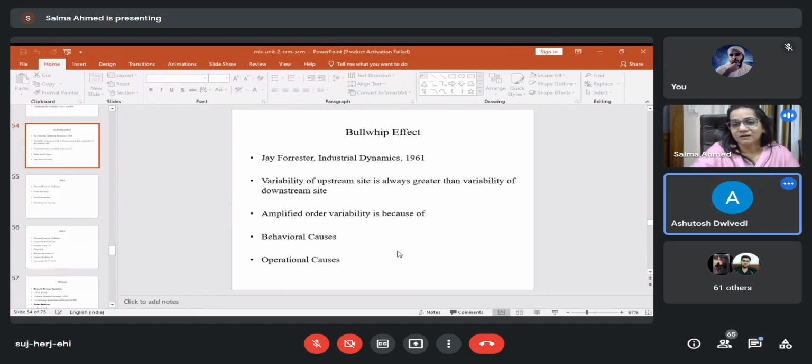Okay. See, behavioral causes, as rightly said by Arma, have to do with the behavior of the consumer and every entity in the chain. In the beer game, she must have given you a background wherein there is a fall of snow. It becomes exceptionally cold in a developed country, say the UK, and there is a snowfall.